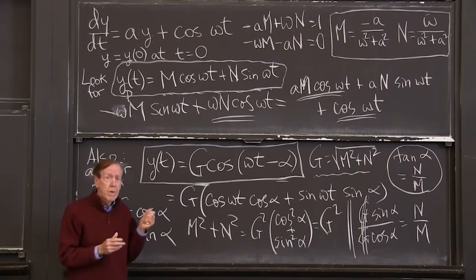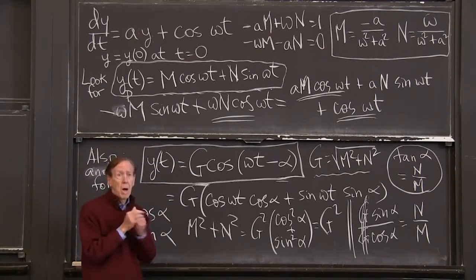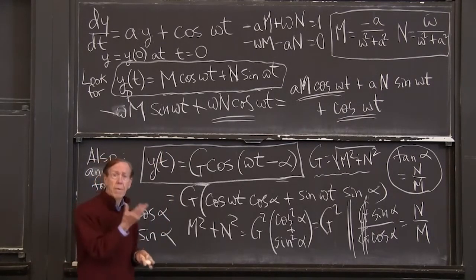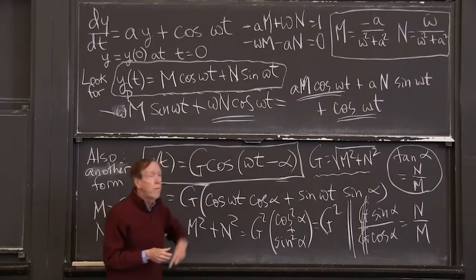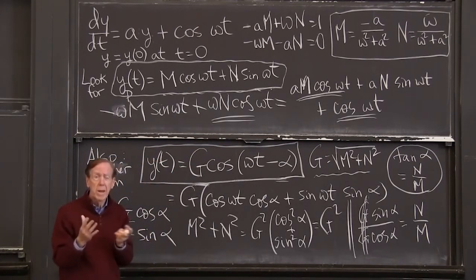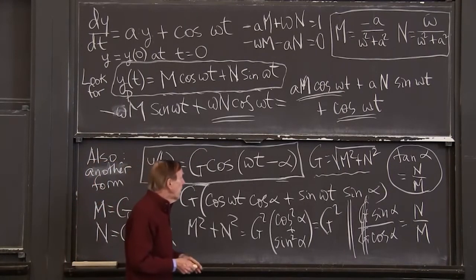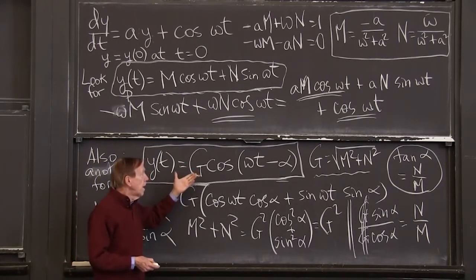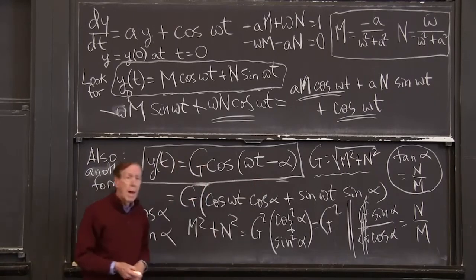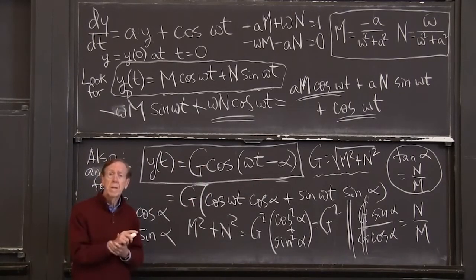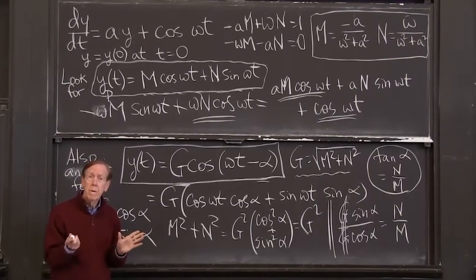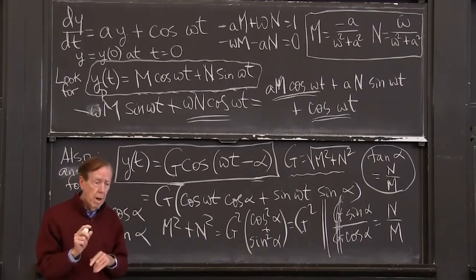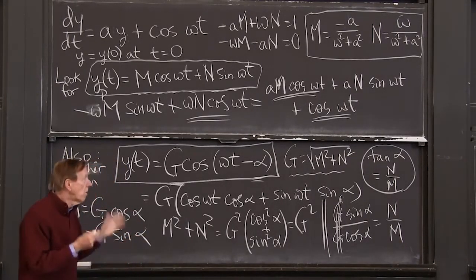Okay, so I mentioned at the very start that there were 3 forms of the answer to this cosine input, and I've given you 2. I've given you the m and n form. You could say rectangular coordinates, cosines and sines. I've given you the polar form, which is a gain, a magnitude, and a phase. And the third one involves complex numbers. I have to make that a separate lecture, maybe even 2. So complex numbers, where do they come in? It's a totally real equation.